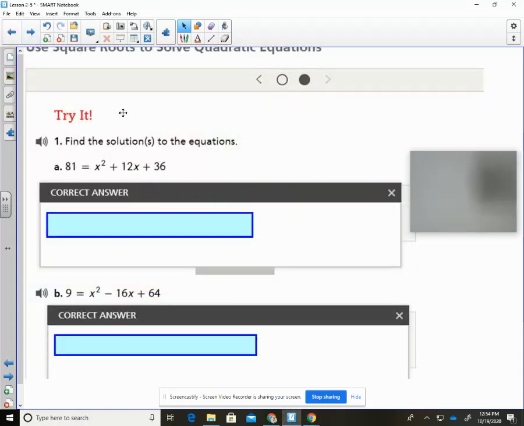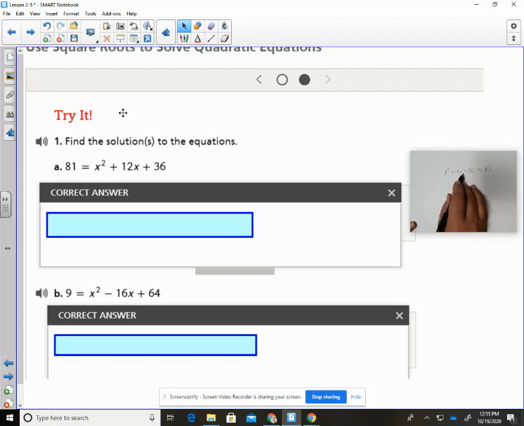First off, it says find the solutions, and this is in your workbook, section 2.5. Not sure what the page is, but it's example 1, try it, and find the solutions to the equations. I'm going to write it the other way: x squared plus 12x plus 36 is equal to 81.